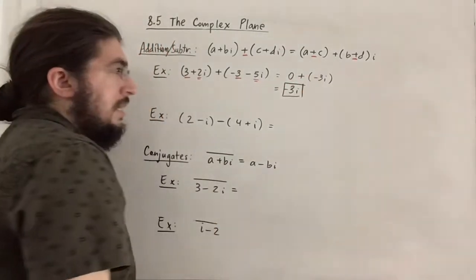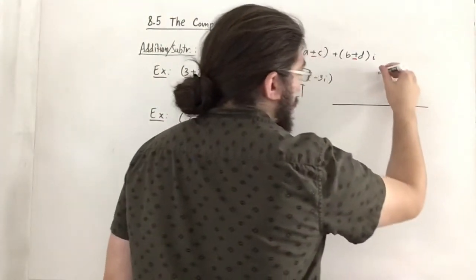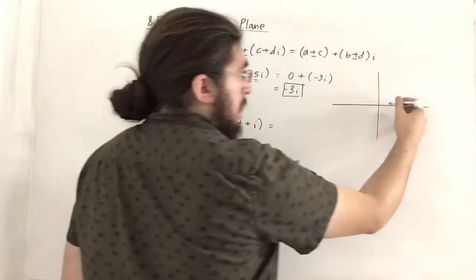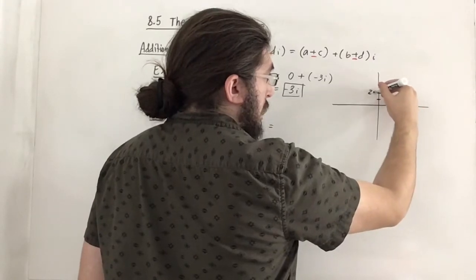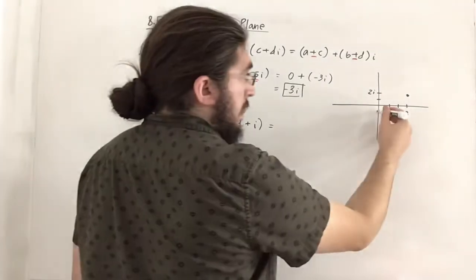But I'll actually plot this along with the originals to kind of see what's going on in the complex plane. Right. So in the complex plane, we have the point 3 plus 2i, which is right here, and negative 3 minus 5i.